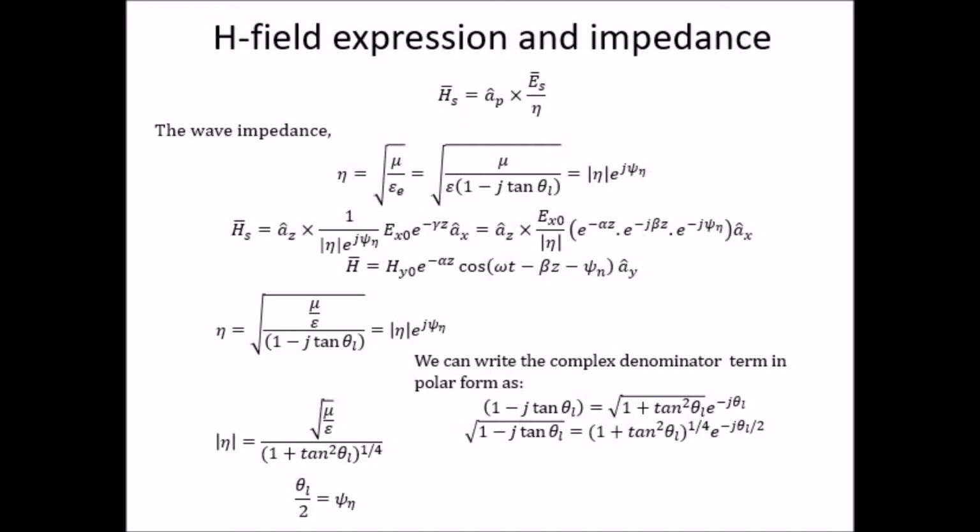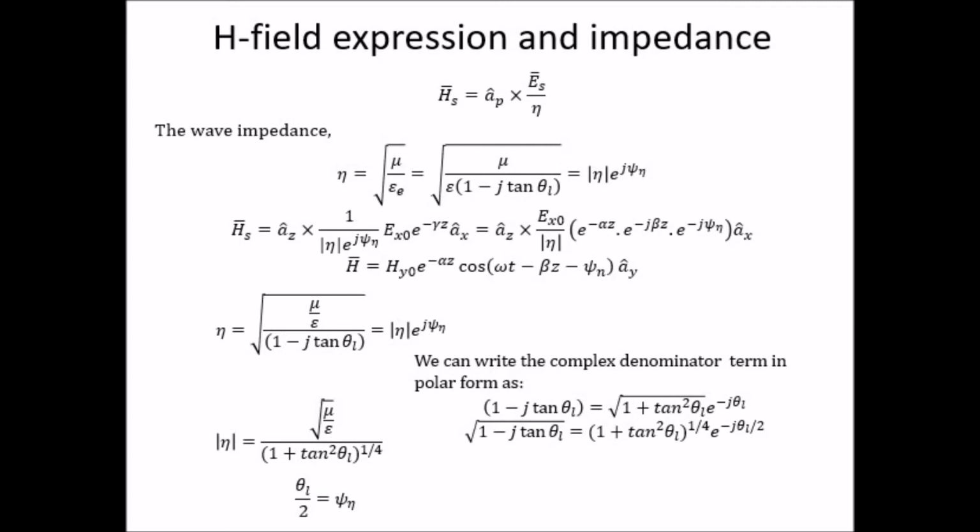So we can write it in polar form, that is square root of 1 squared plus tan squared theta_L, and the phase angle will be e to the power j tan inverse of tan theta_L. Now we can cancel out tan and tan inverse, and you get theta_L.